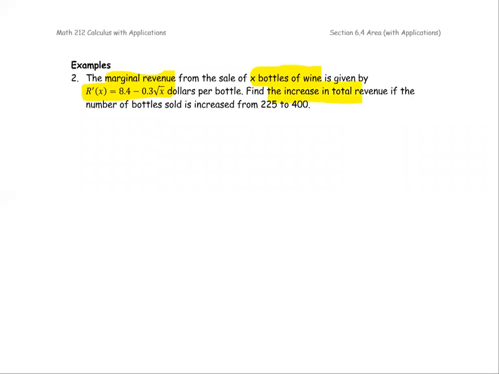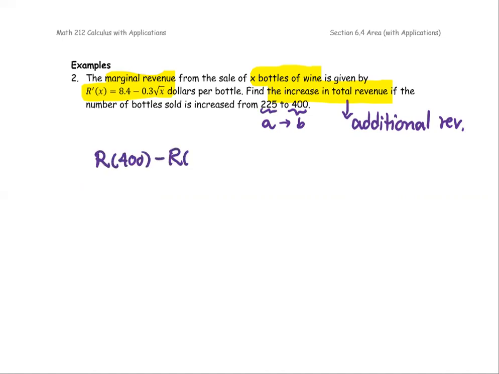We're going to find the increase in total revenue, which is the additional revenue, if the number of bottles sold is increased from x equals 225, which is A, to 400, which is the value B. So we are going to find the additional revenue, which is the revenue at 400 minus the revenue at 225.